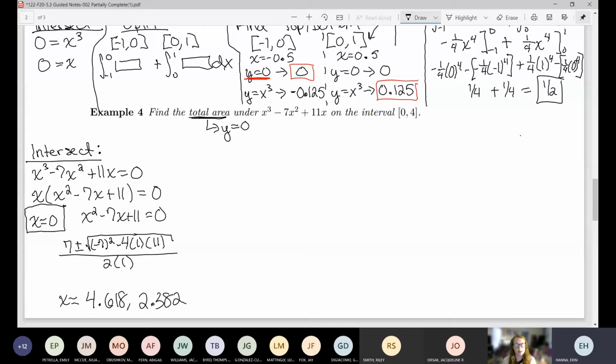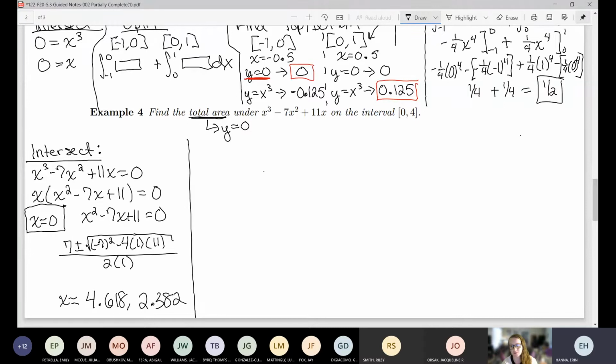Now at this point, we would want to be splitting the interval. So Kayla, that's not factorable, because if I wanted to factor that, I would have to find two numbers that multiply to 11 but add to -7.